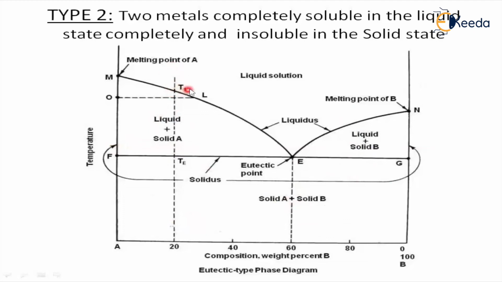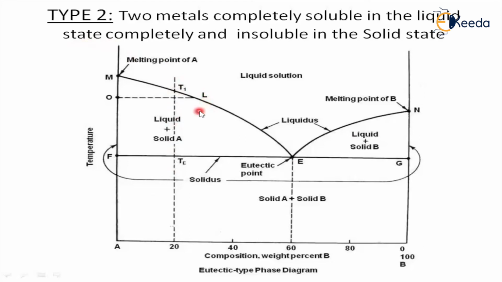Suppose you assume this alloy with a 20 composition, A is 80 and B is 20. For this alloy, we can say that at temperature T1 it is about to solidify, so a few solid crystals may be formed at this temperature. So this is about type 2 phase diagram.